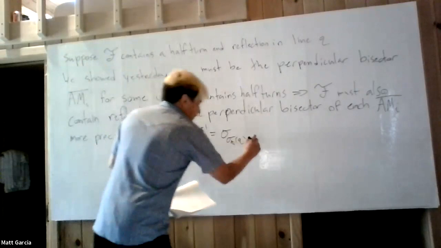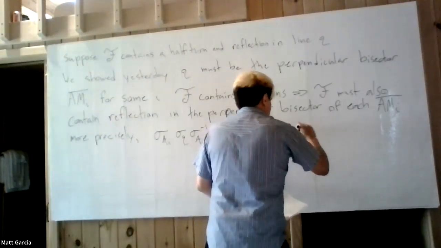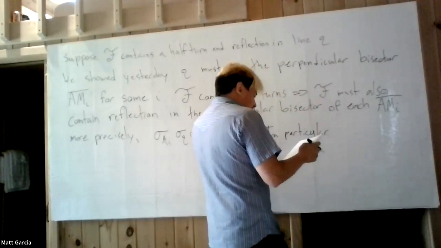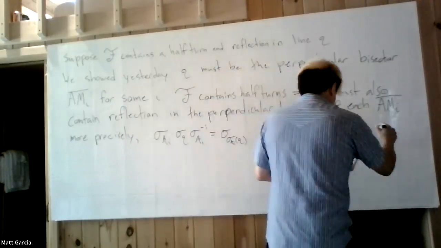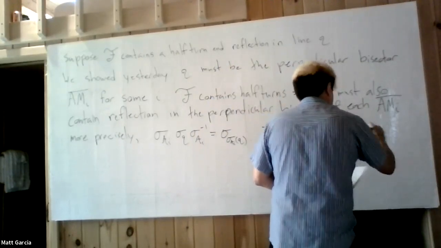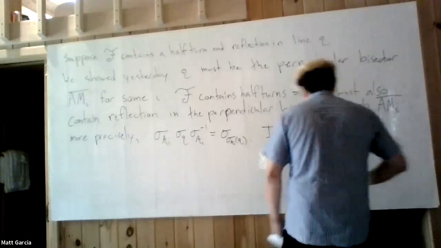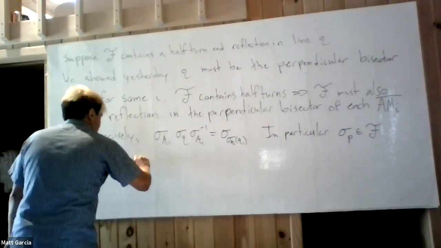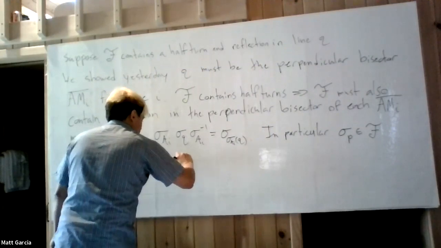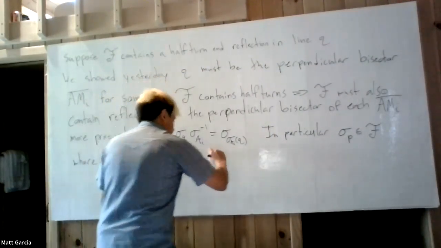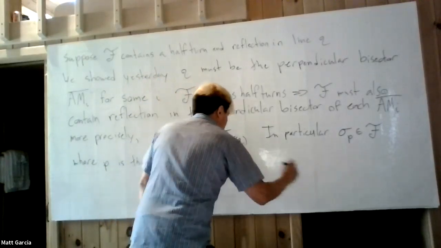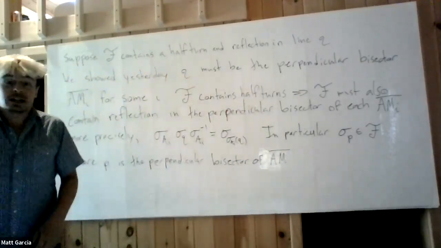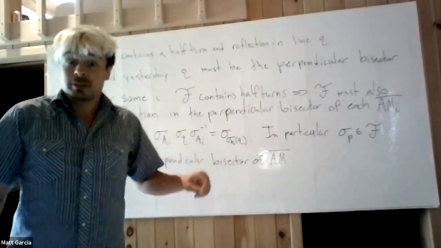In particular, what we have is that sigma P is an element of F, where P is the perpendicular bisector of our first line segment AM, that is A sub 0, M sub 0, right?